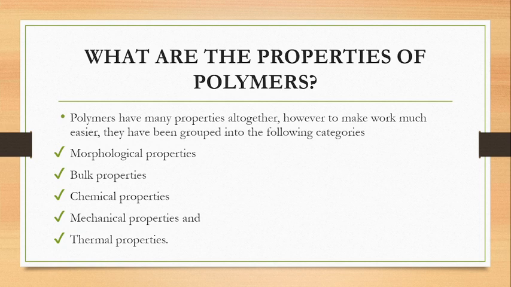So in order to cover all of them, or most of them, we need to group them in some categories. There are a few groups of properties of polymers: morphological properties, bulk properties, chemical properties, mechanical properties, and thermal properties.